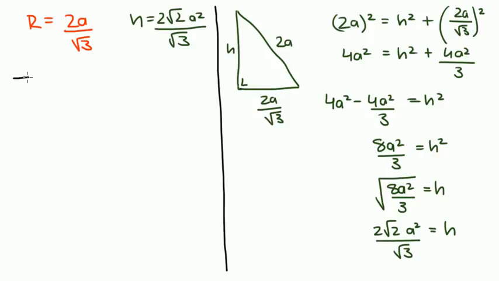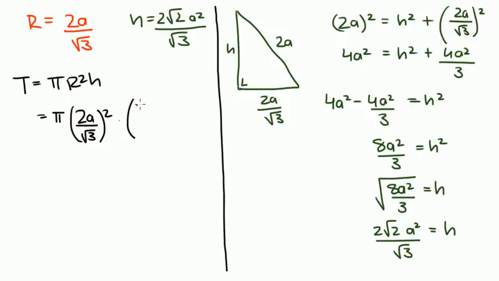So we're going to fill these two into the formula for the volume of the cylinder. So we have pi times 2a over the square root of 3, squared, multiplied by h.